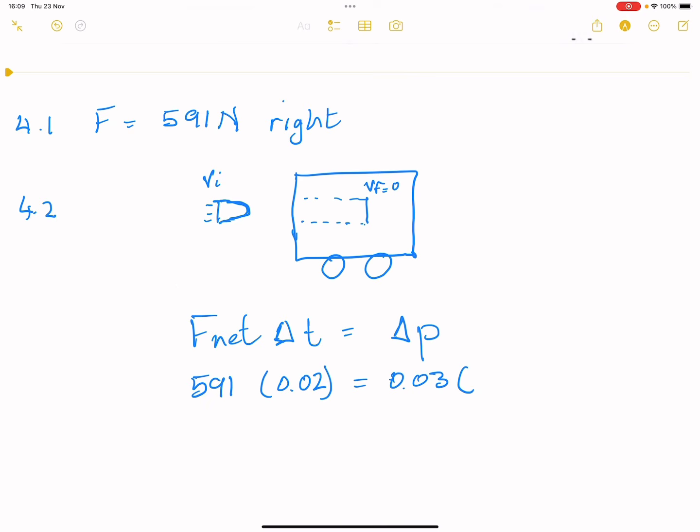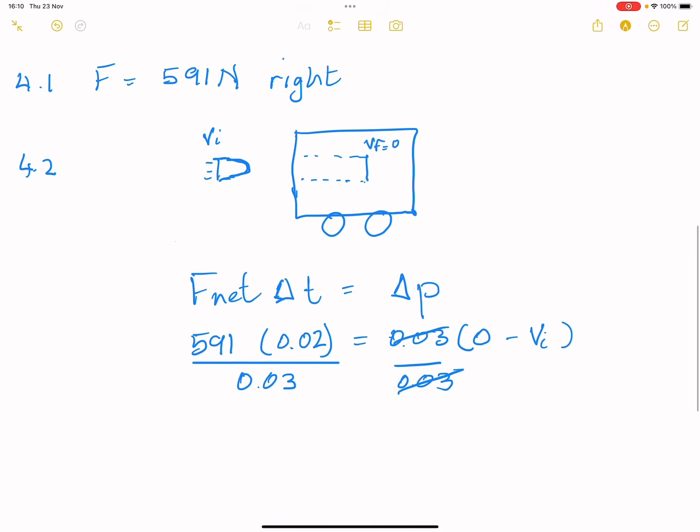The change in momentum is final velocity minus initial velocity. The final velocity of the bullet was 0, and the initial velocity is what we're looking for. So we divide by 0.03 on either side, that cancels, and we find the initial velocity of the bullet.